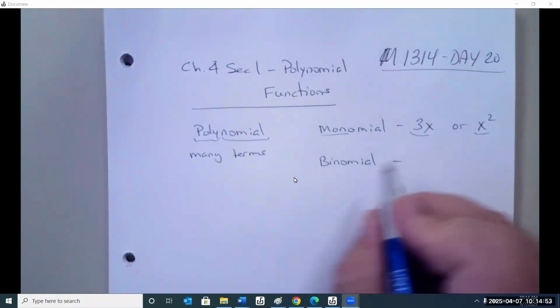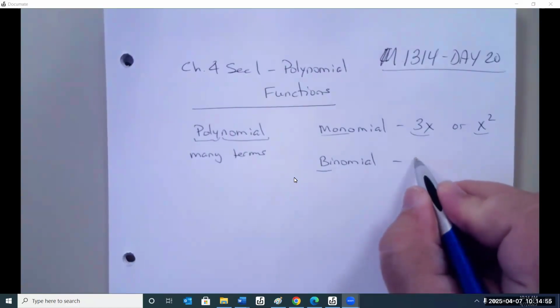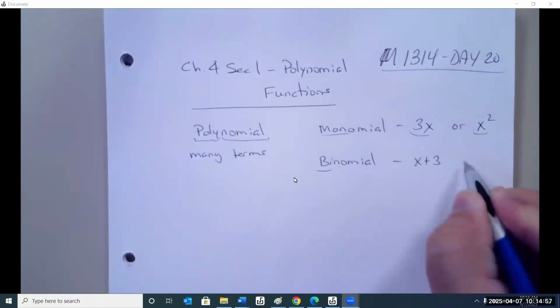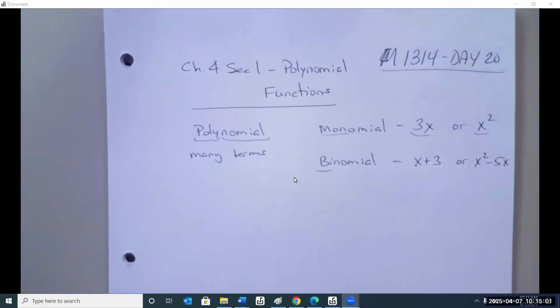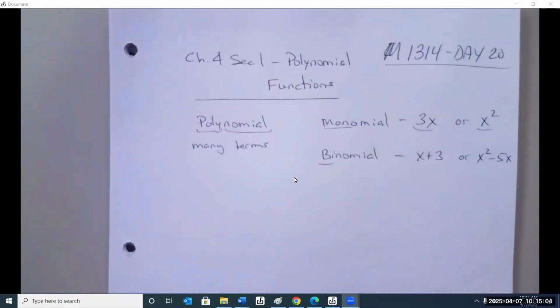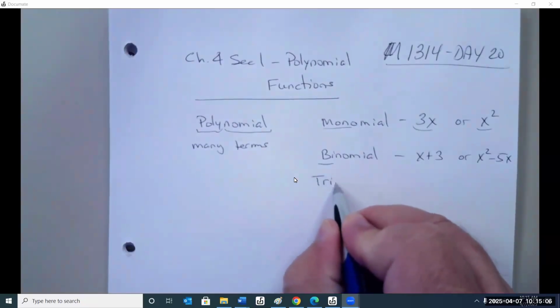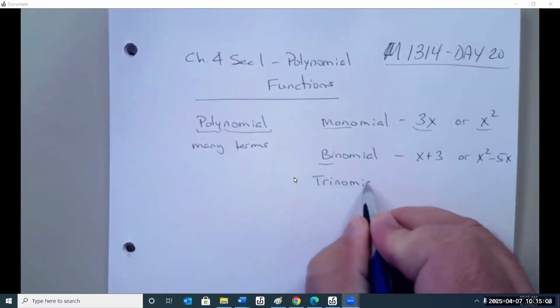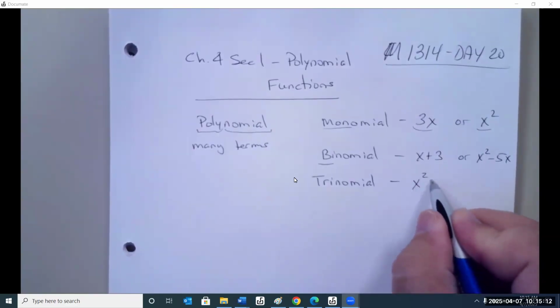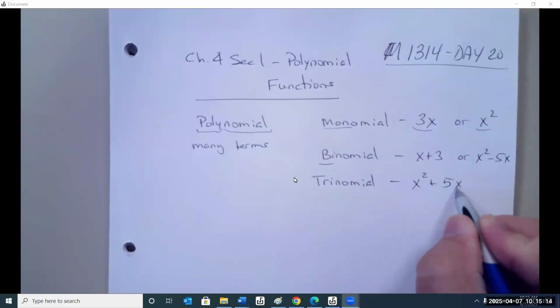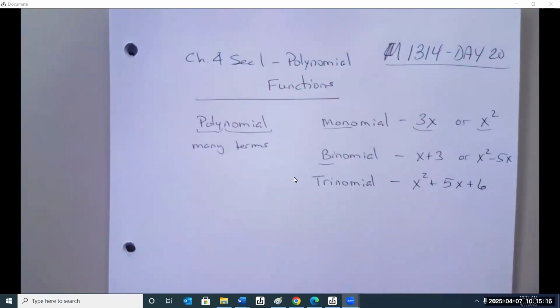A binomial has two terms, like x plus 3 or x squared minus 5x. Two terms. A trinomial has three terms, like a quadratic equation, and so on and so forth.